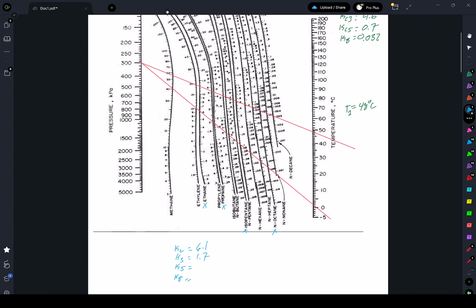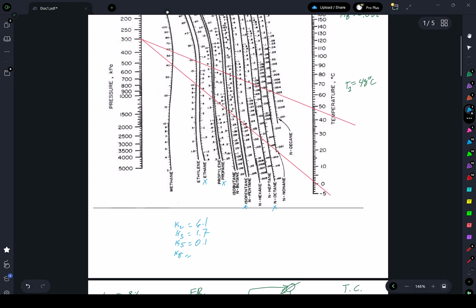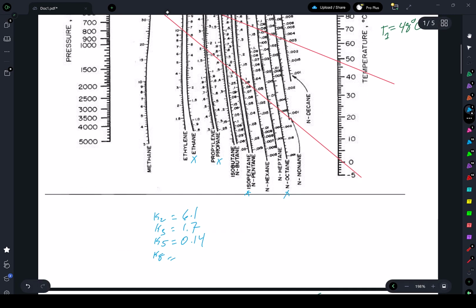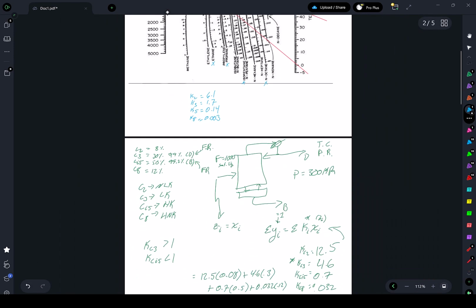For our isopentane, it's about 0.14. And for our octane, it looks like it's very, very small, so let's just say 0.003. Let's see what that does.